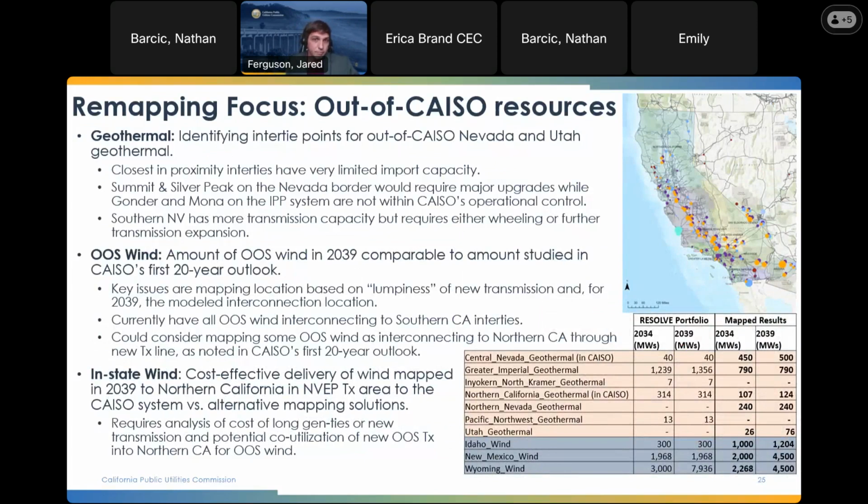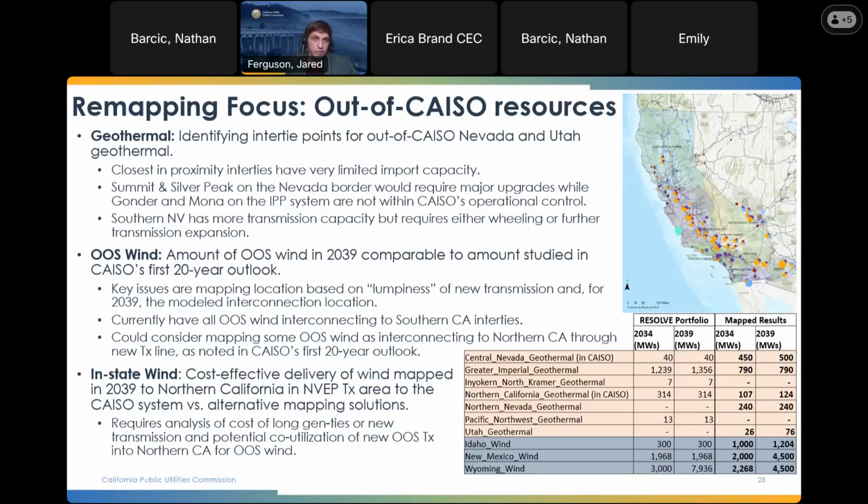We have mapped some resources in the Geysers area, and then we have some resources in central Nevada, which we map as interconnecting directly to the ISO in the VEA GLW system in southern Nevada. But the rest of the geothermal resources are located either in IID or northern Nevada and Utah.